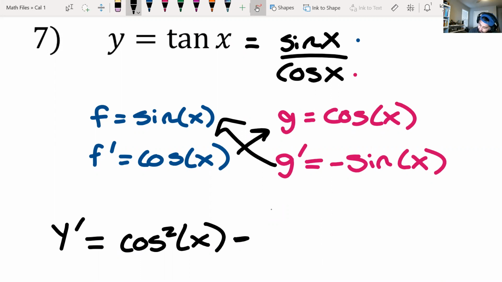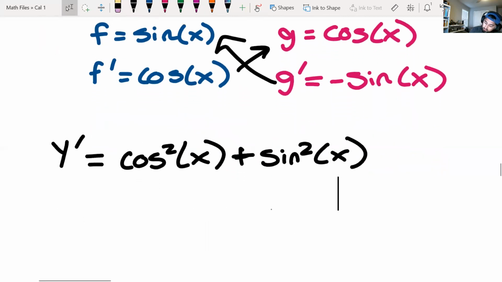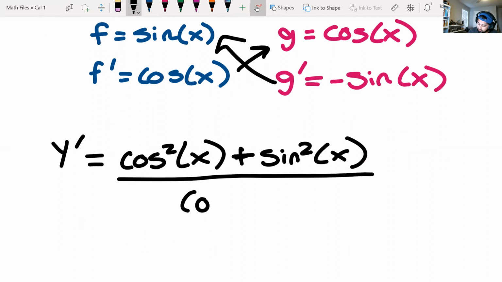So I'm just going to write positive already, cosine squared x, over the original denominator squared, cosine x squared.